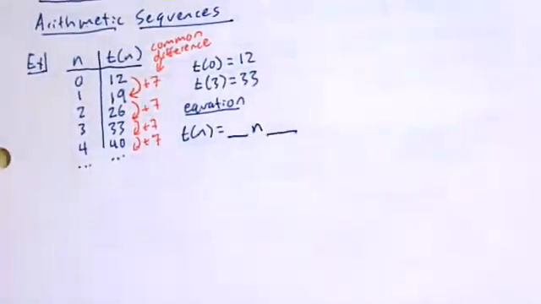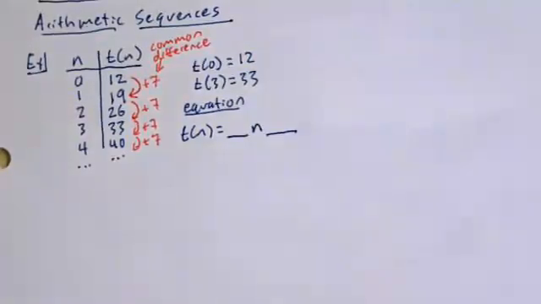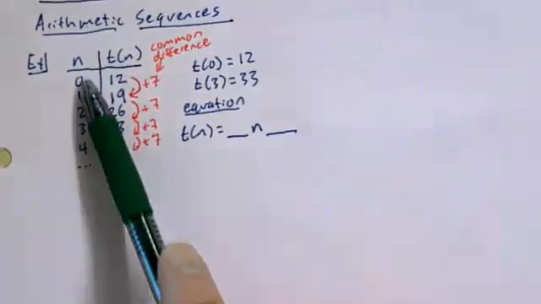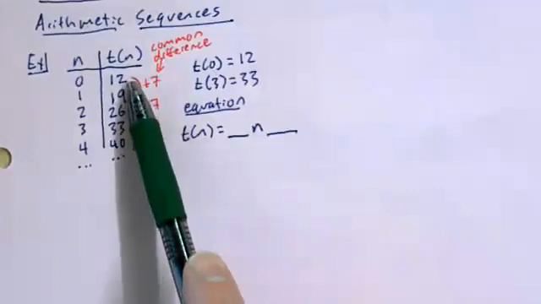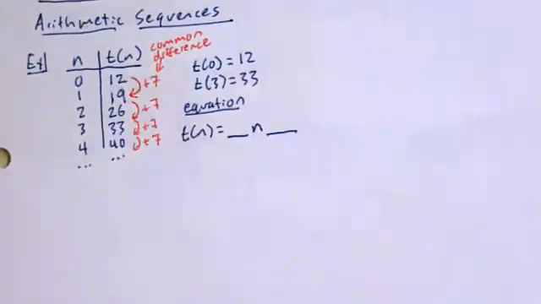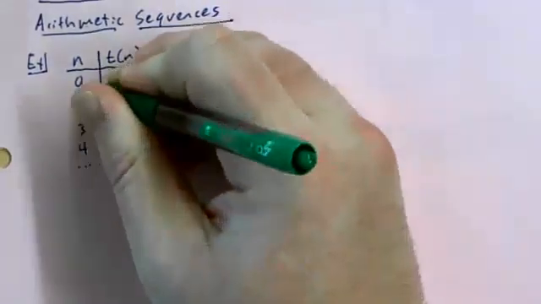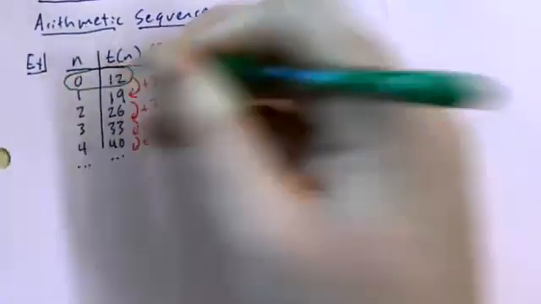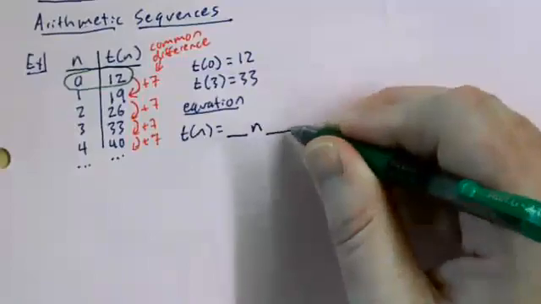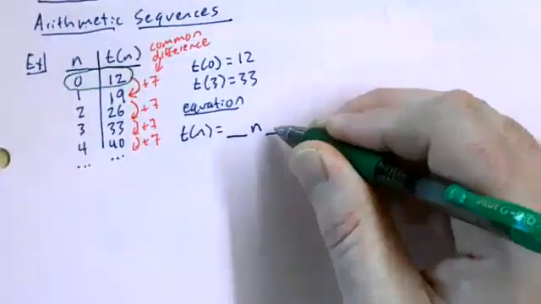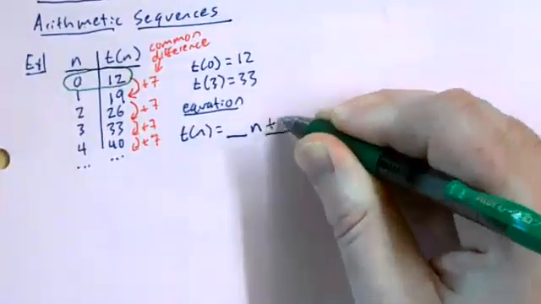However, they come from the same place as they would with a linear equation. Remember, when we saw 0 for x, that would be our y-intercept or our starting value. Same idea here. This 0th term will always go into our equation after the variable. It's going to be our constant. In this case, this is going to be a plus 12.